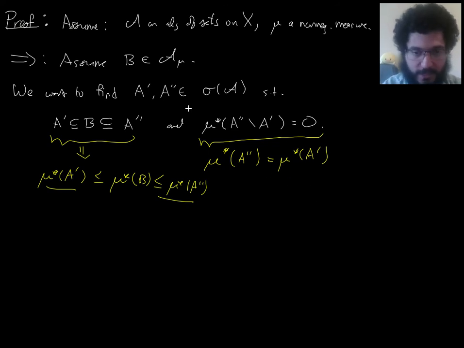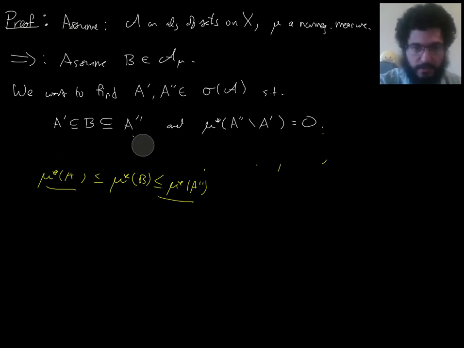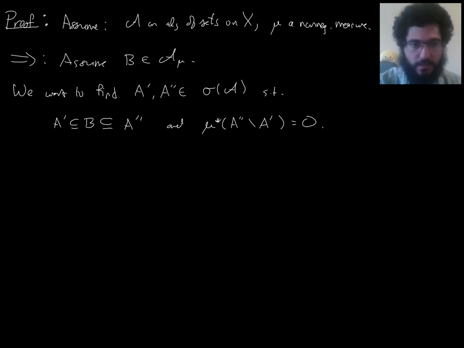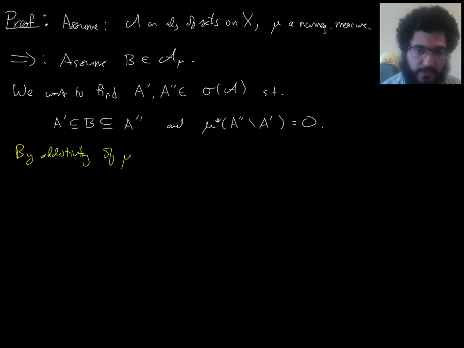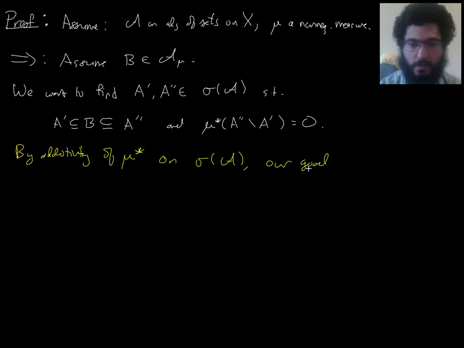So if I achieve my goal, then I will have achieved equality across the board here, right? So this will give me a nice way of rewriting my goal. So let me re-express the goal. By additivity of mu star, which is a non-trivial fact that was worked out in the amazing extension theorem, our goal is equivalent to the following.